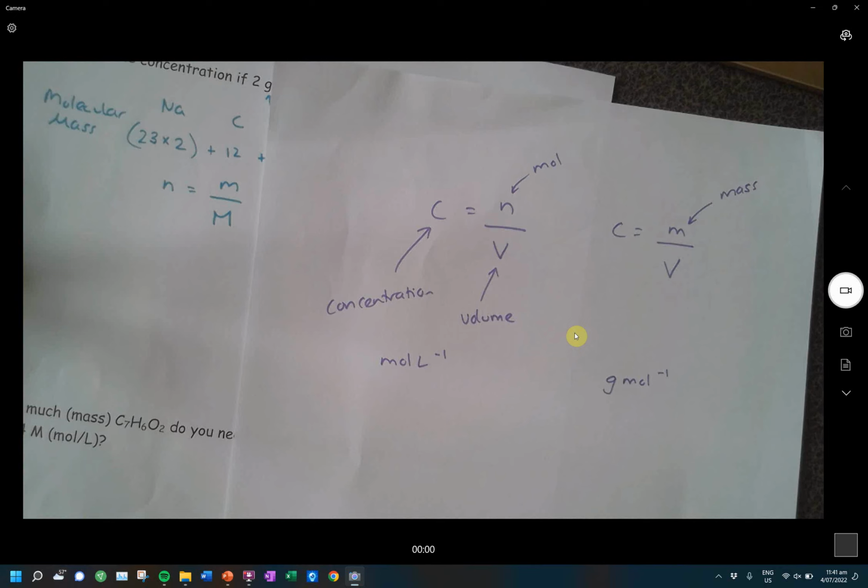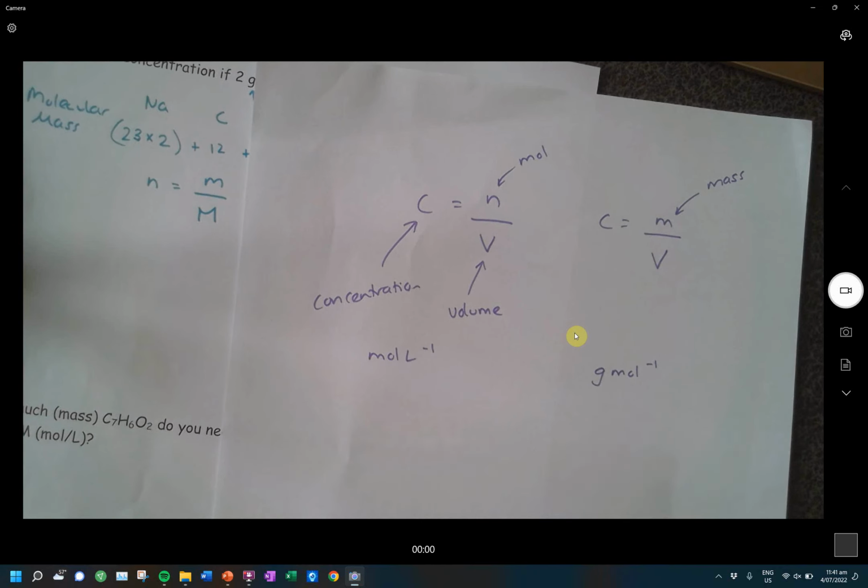Which one do you think we're going to use more often? Moles per liter, because like we were saying before, we want to be able to talk about quantities and compare and contrast those quantities. If I'm using grams, things have different weights, so I can't compare two things that have the same grams. Whereas if they have the same moles, then I know they have the same amount of particles. So this is the one we will primarily be using.